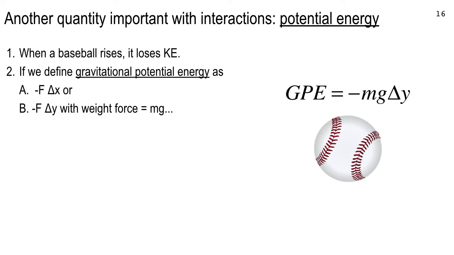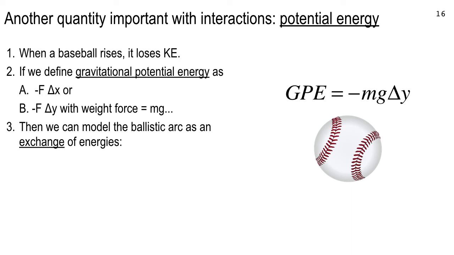So if something's going up, you're gaining gravitational potential energy. You're losing kinetic. So the reason that this is nice is because we can then model ballistic trajectories, or just a straight up pop up, as an exchange of energies. All right.